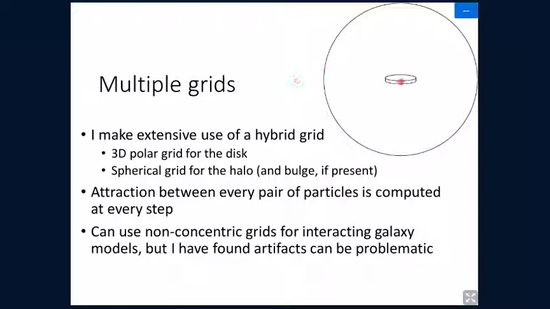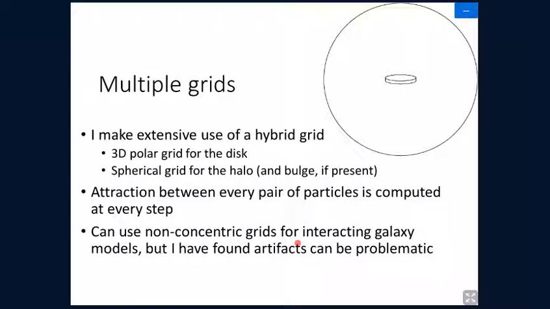You can also make the two centers of the two grids, if you want to, non-concentric. So you can use the code to compute evolution of interacting galaxies, and have the two grids orbit around each other.